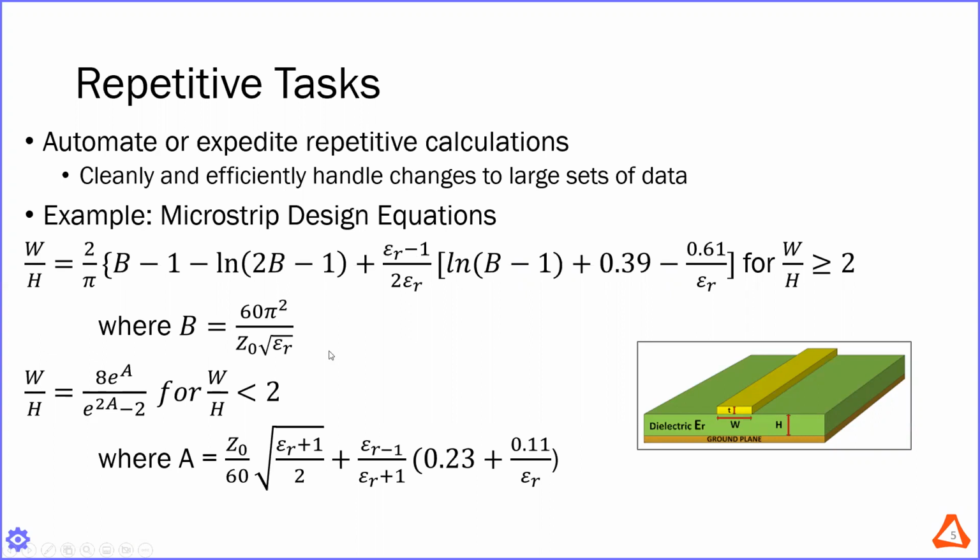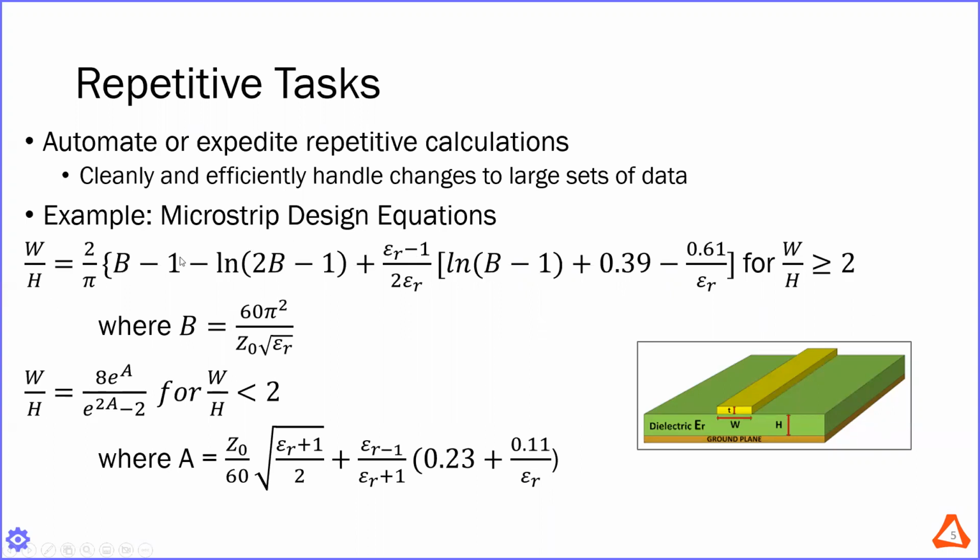So for this example, I know this looks like a jumbled mess of equations on the screen, but we're going to be taking a look at the microstrip design equations. So these are just some of the basic textbook design equations for when you're first learning about microstrip transmission lines.